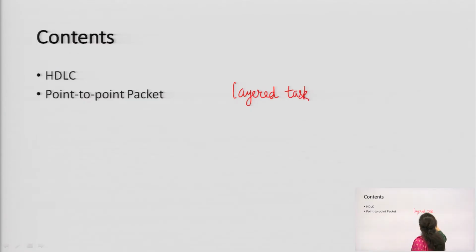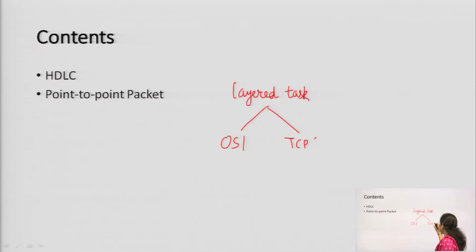This layered task is basically divided into two types of model. The first one is the OSI model, that is open systems interconnection model, and the second one is the TCP/IP model. This we have discussed earlier.